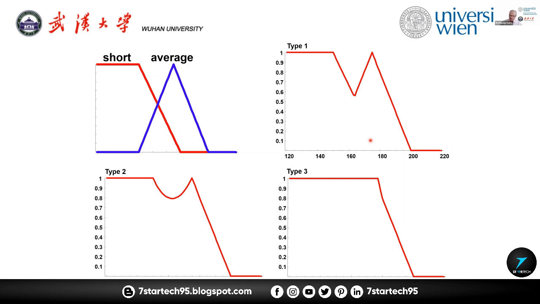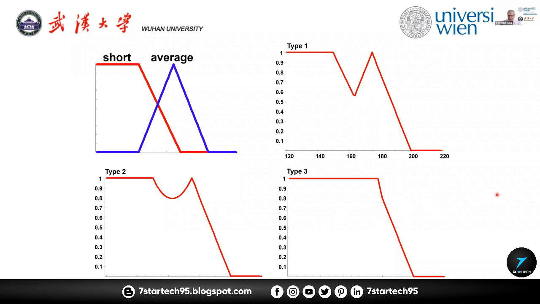And you can see they are different. So this shape of the membership function is different from that and different from that. But they are all in a way similar and a valid way of computing the union of two fuzzy sets.